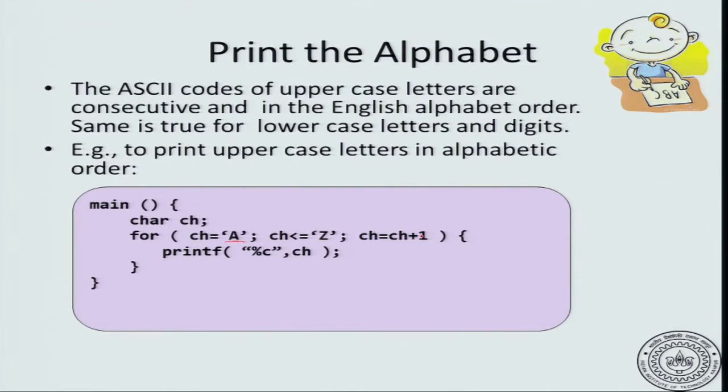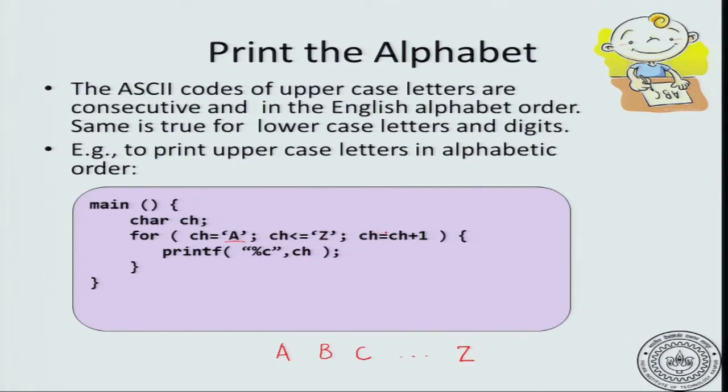What this is doing is starting from A, and then it will go to A plus 1, which is the ASCII code for B. Then it will go to B plus 1, which is the ASCII code for C, and so on up till Z. Once you reach Z, it will print that character.